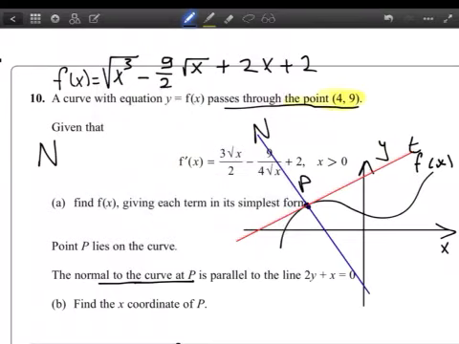The multiplication of the tangent slope and the normal slope should be -1. That is our rule. That is a really good rule.